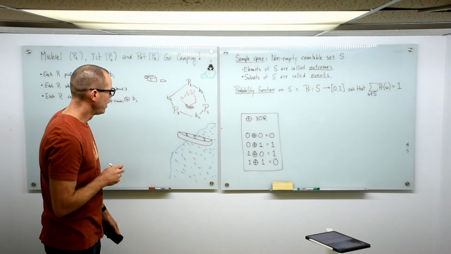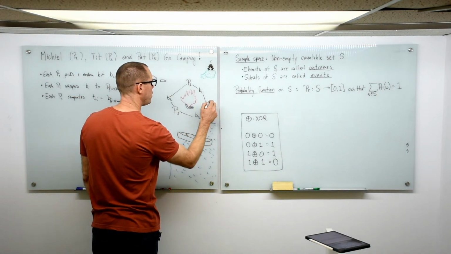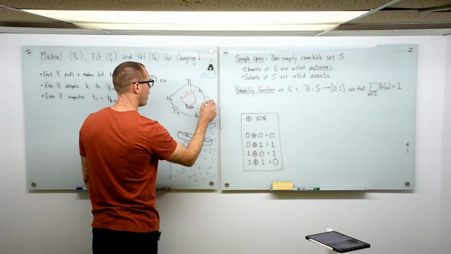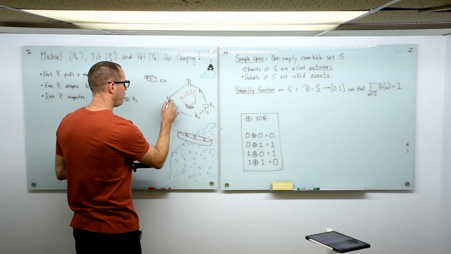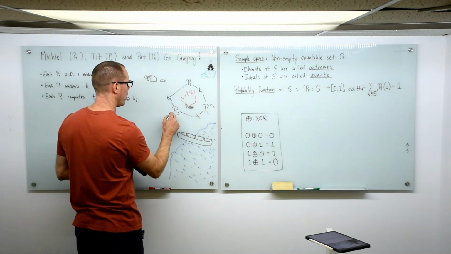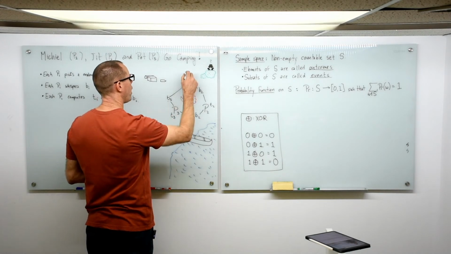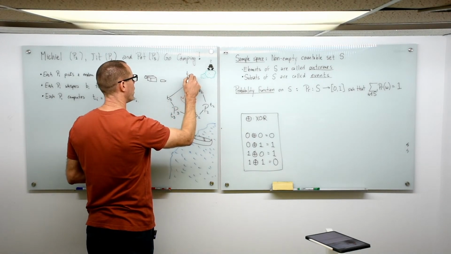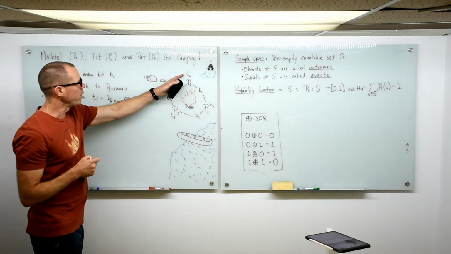Okay? So they take these two things. This becomes T2, which is just the XOR of B1 and B2. P3 takes the XOR of B2 and B3. That becomes T3, and P1 takes the XOR of B3 and B1. That becomes T1.